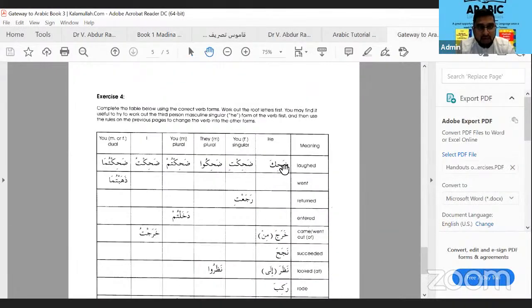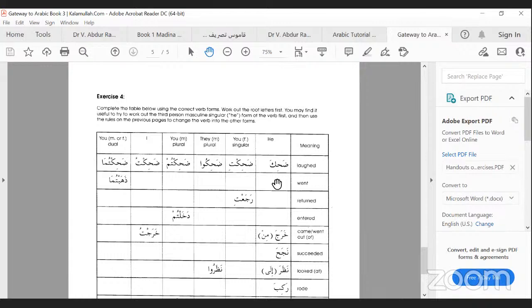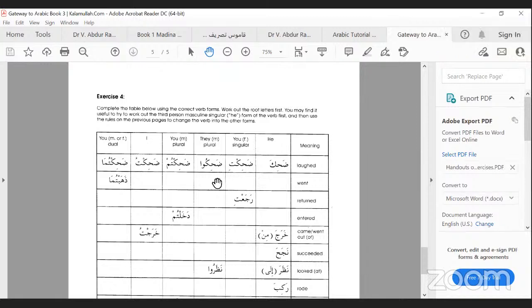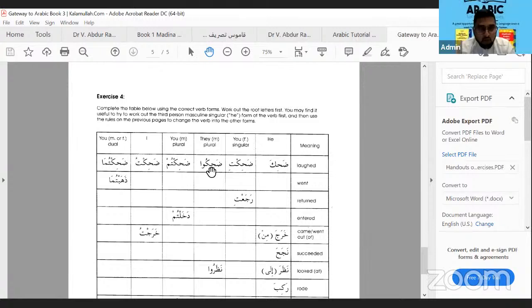So dhahika, to make it "you, one male, went," you make the kaf with a fatha with a sukoon, dhahik, and add a t. So dhahaba, make the ba with a sukoon and add a t and it will become dhahabt. ذهبت. Next one.